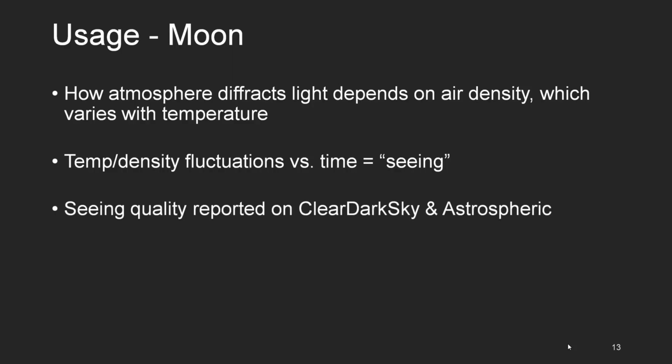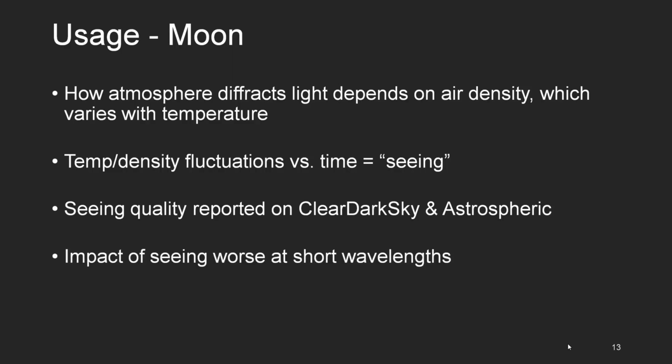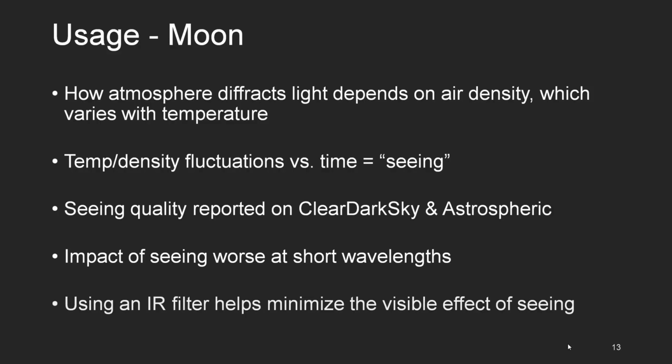You can get reports on the seeing quality using sites like Clear Dark Sky or Astrospheric. The useful bit of information for us is the fact that seeing effects are worse at short wavelengths. Thus, by observing using only IR light, we can minimize the effect of seeing on our lunar imaging.